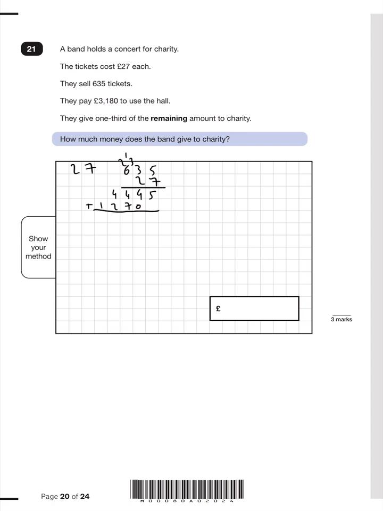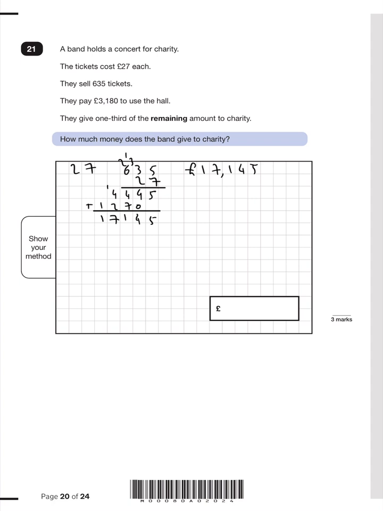If I add them up, I get 5, 4, 4 and 7 is 11, 1 and 4 is 5, 5 and 2 is 7, got a 1 here. So I've got 17,145. That's 17,145 pounds.